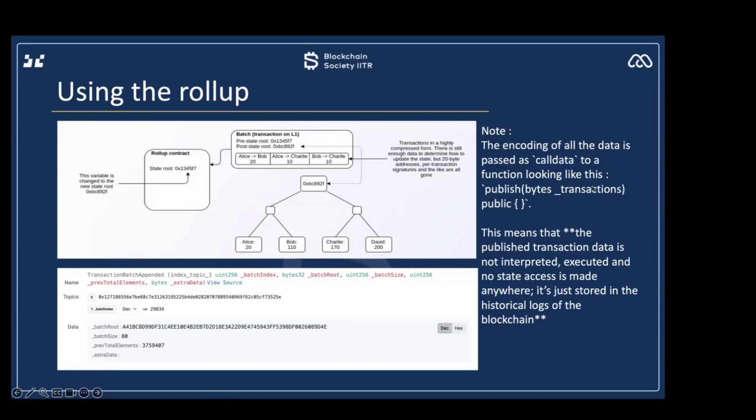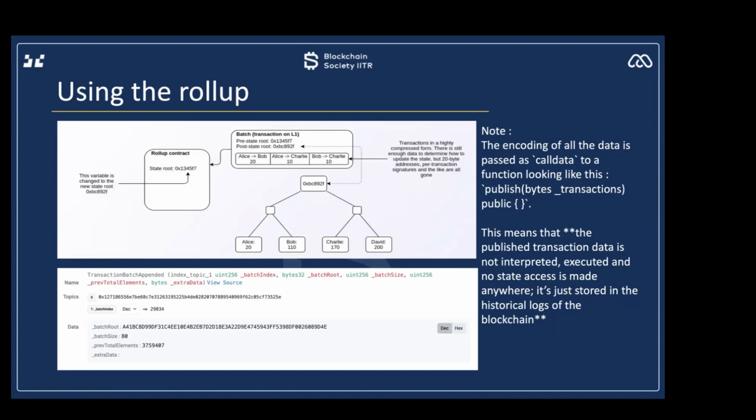It will take some bytes of call data, and its body is empty. Since its body is empty, it is not interacting with the state. Yet we are able to pass the transaction data as call data, and the call data is being stored as historical logs. In this way, we have stored the data in the form of logs, and yet we have not performed any transition to the state.